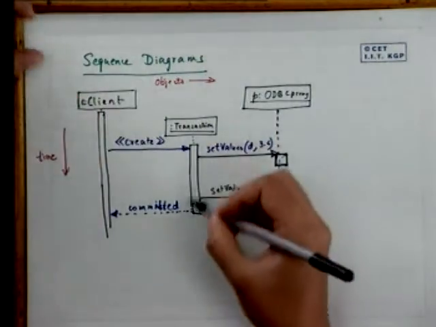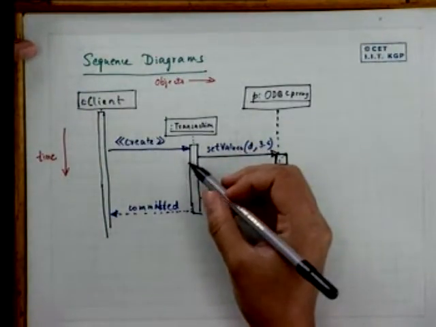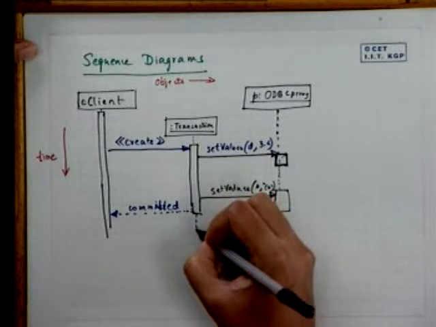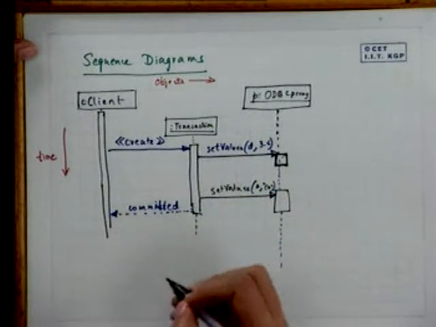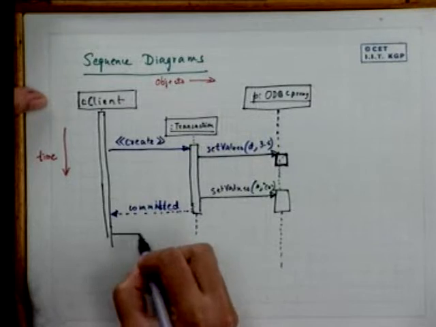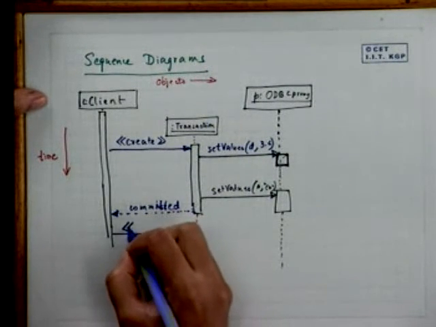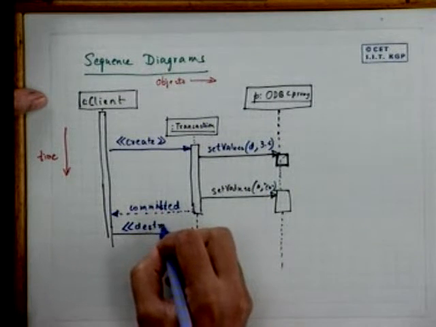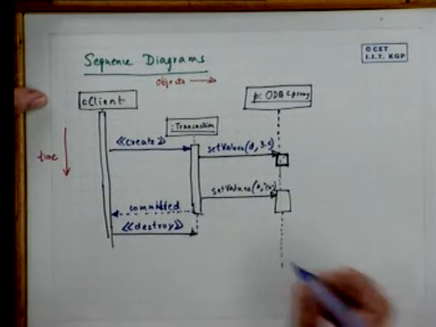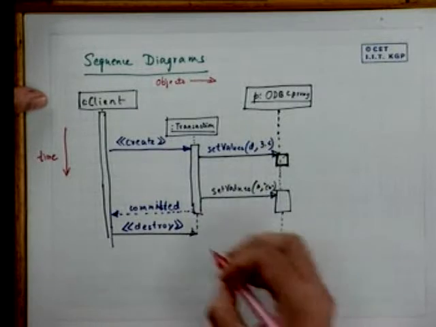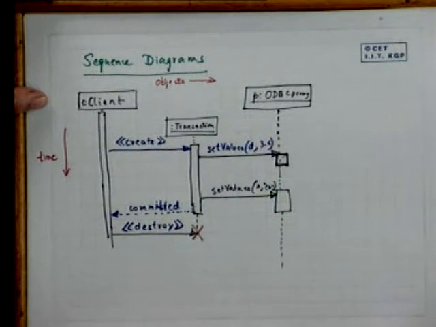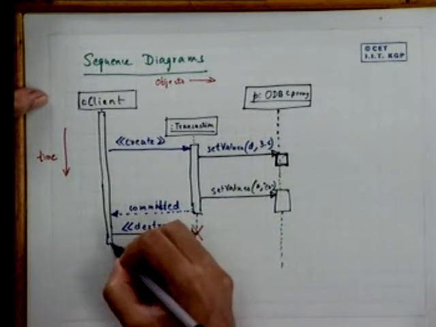Following this, this is an end of the interesting part of the transaction object, and since the transaction object is no longer required, the client may send a message destroy to the transaction object. Following which the transaction object is killed. It ceases to be in existence.